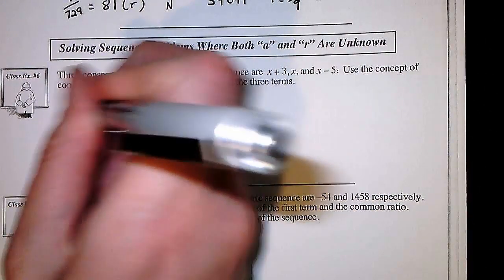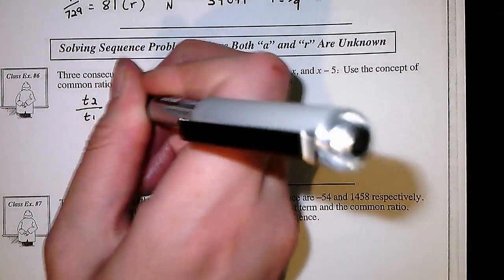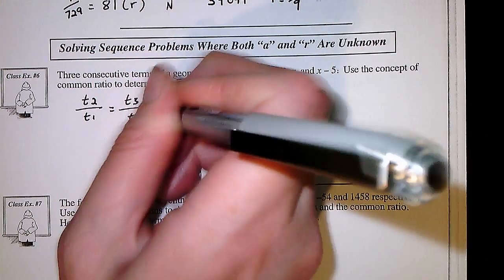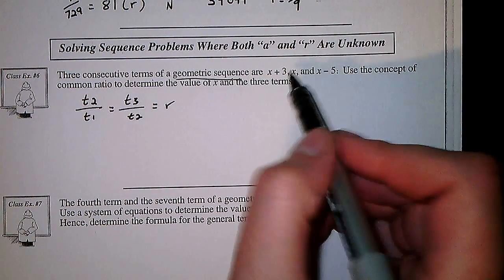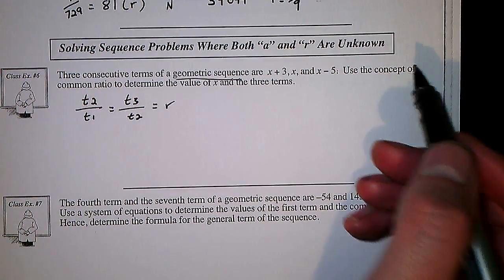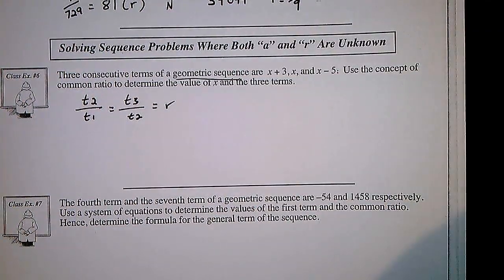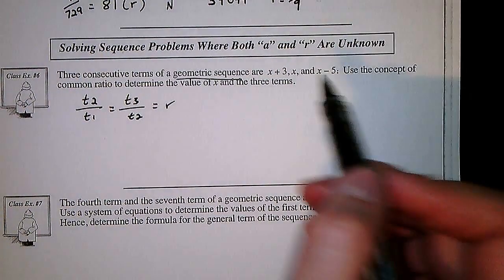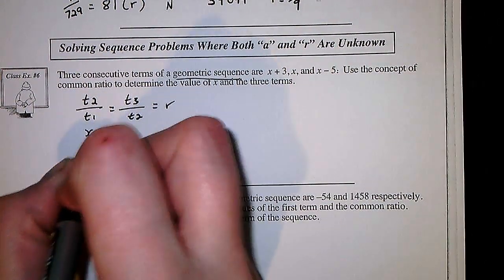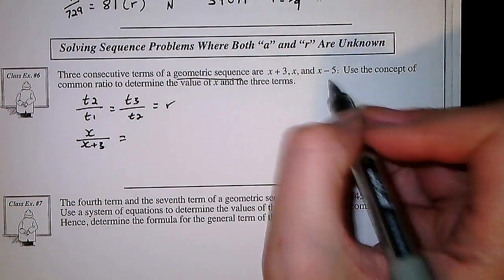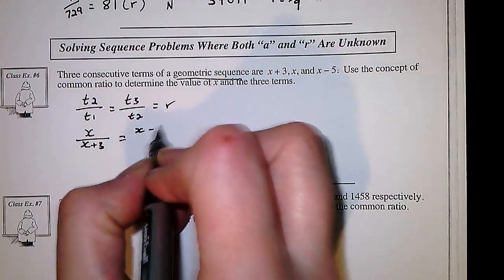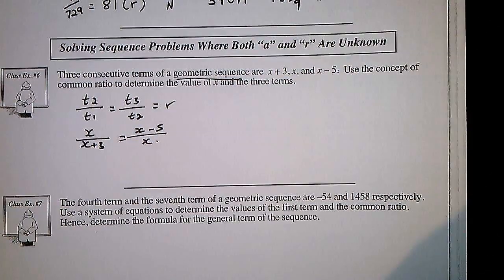I have T2 divided by T1 is equal to T3 divided by T2, which is the common ratio. So now I'm going to substitute in the values for T1, T2, and T3 and see if I'm able to solve it somehow. So T2 is equal to x, T1 is x plus 3, T3 is x minus 5, and T2 is x.